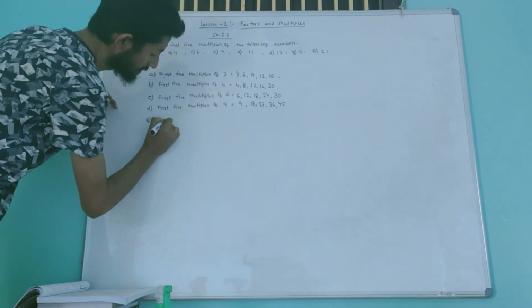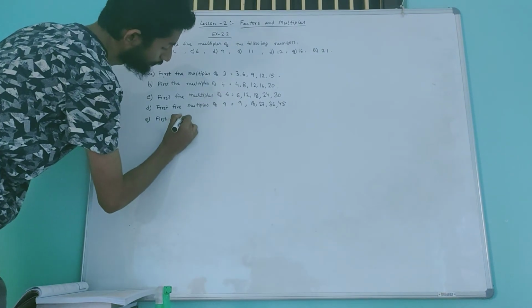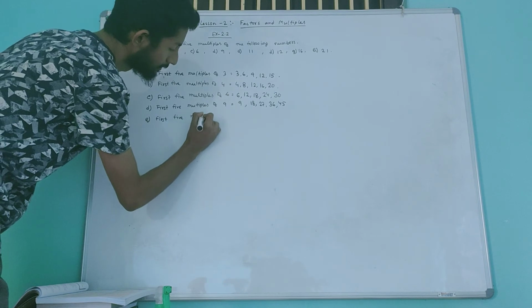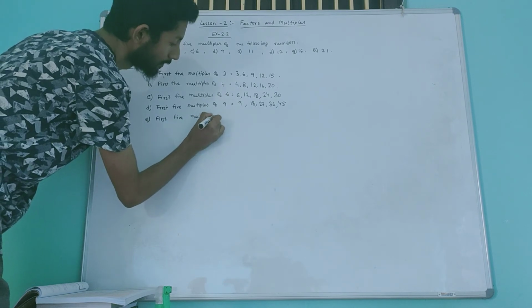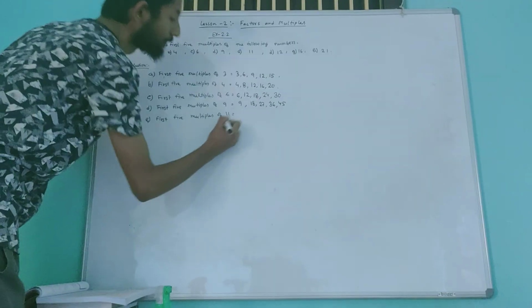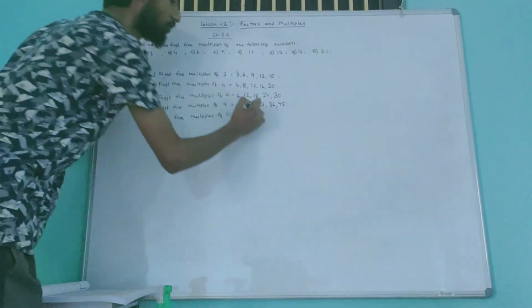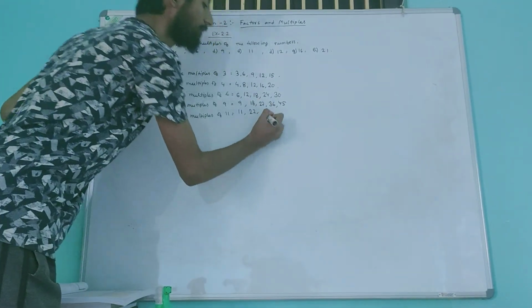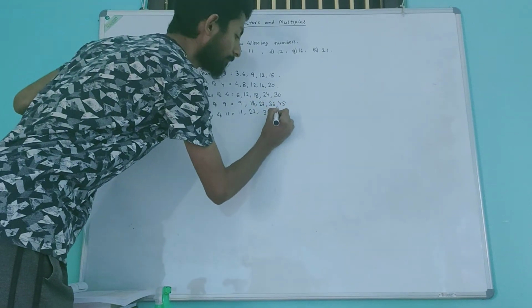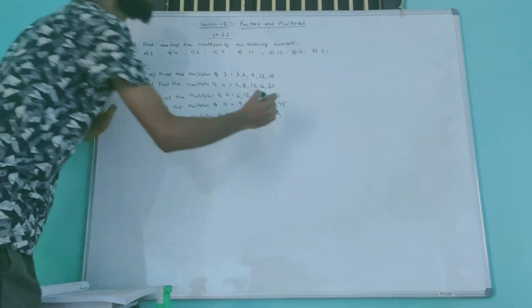So the first 5 multiples of 11 will be 11 ones are 11, 11 twos are 22, 11 threes are 33, 11 fours are 44, 11 fives are 55.